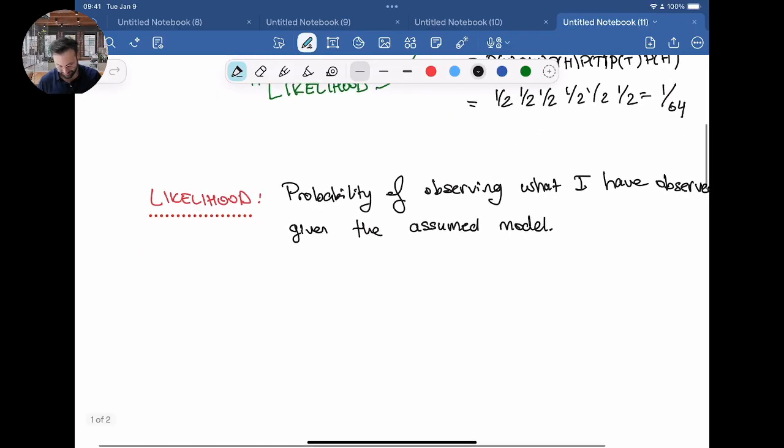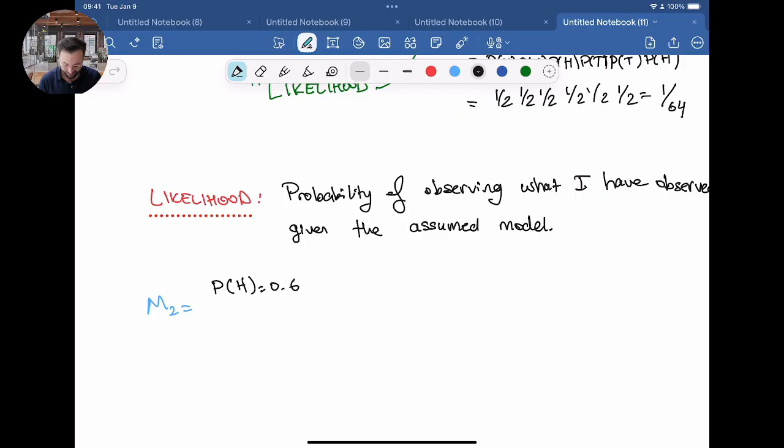And now let's make it a little bit different. Let's assume that my coin is not fair. Let's say my model 2 has probability of head 0.6.